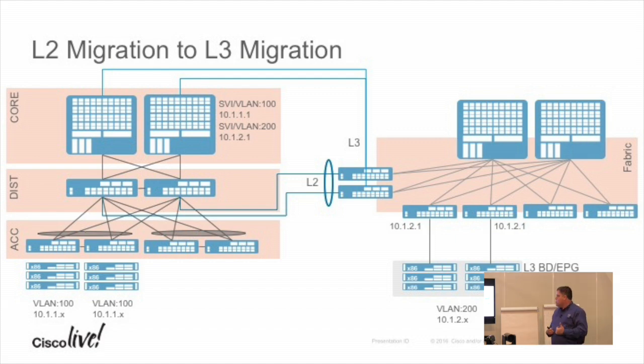We can bring them into the fabric by first creating an external layer 3. An external L3 is ACI's mechanism to establish L3 connections or router connections to the outside world. So layer 2, layer 3 on the transit leaves, right, or not? On the what? On the transit leaves. They could be on anything.